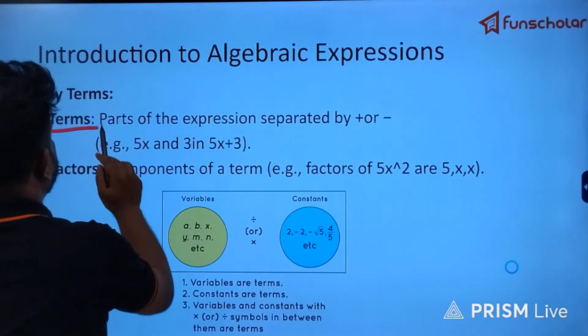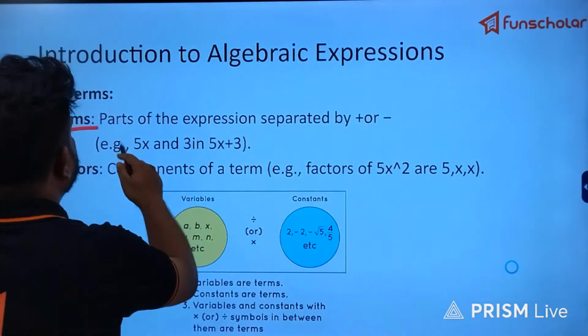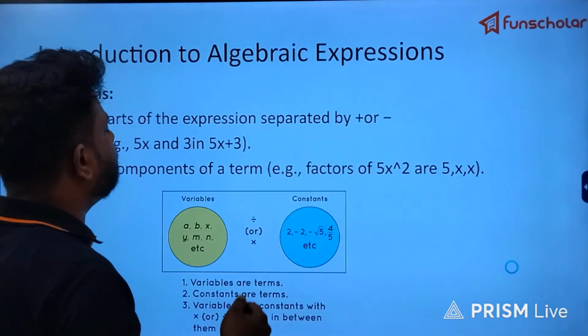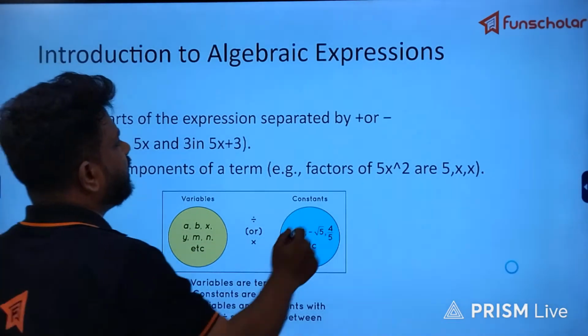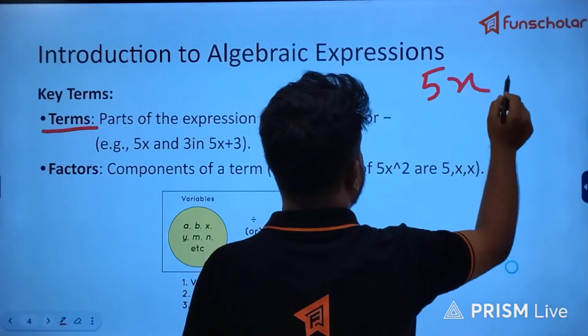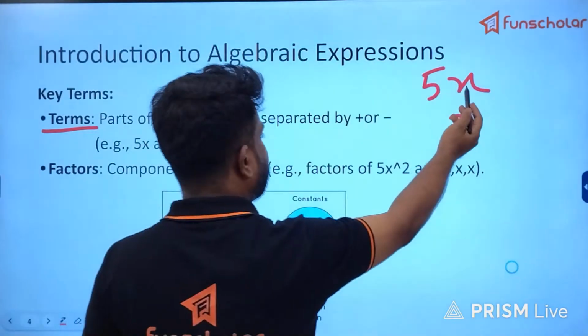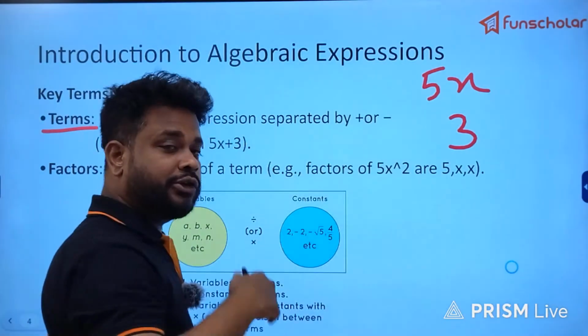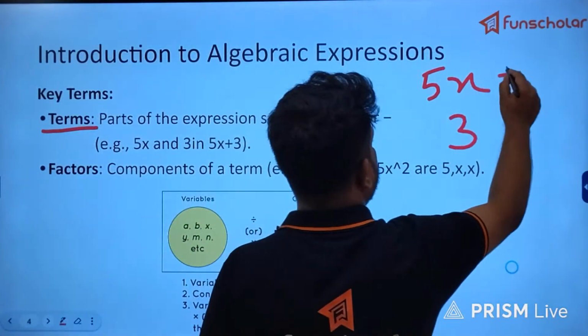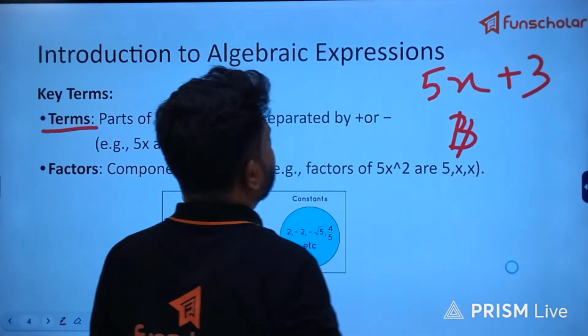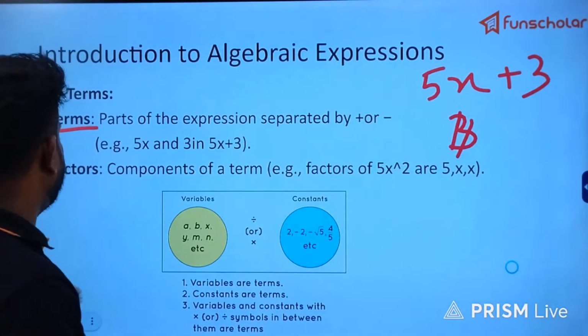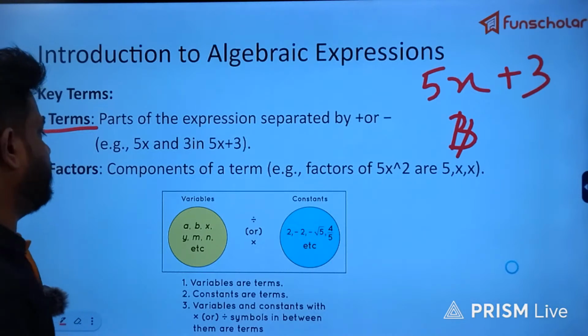Terms, which we have already discussed, are the parts of the expression separated by plus or minus, like 5x and 3. Here 3 is the constant, x is the variable and 5 is the coefficient of that variable. But if I join them, that will make an algebraic expression. And then come the factors.